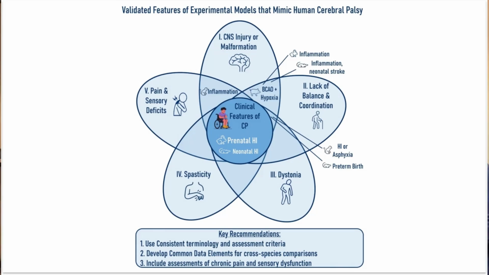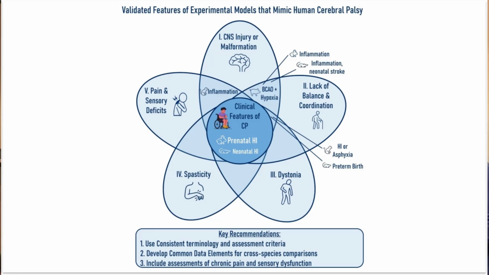There are 3 important takeaways that we want to leave people with. One is to use consistent terminology and assessment criteria across animal models of CP that make clinical sense. That takes us to the second takeaway, which is to think through how we measure things clinically using tools like the NIH Common Data Elements.